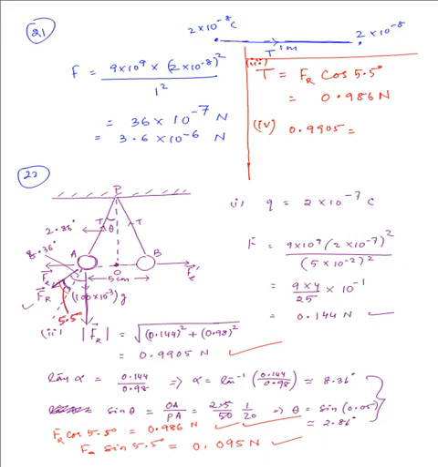And what about the acceleration? Well, the acceleration will be equal to that divided by the mass. Mass is 10 raised to the power minus 1, so this is the acceleration. So this is simply 0.9905, but in that case you will have to find the direction as well, because acceleration is a vector quantity.